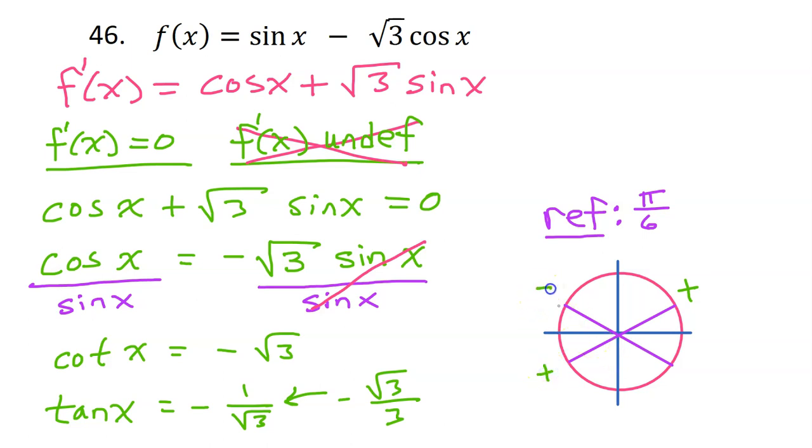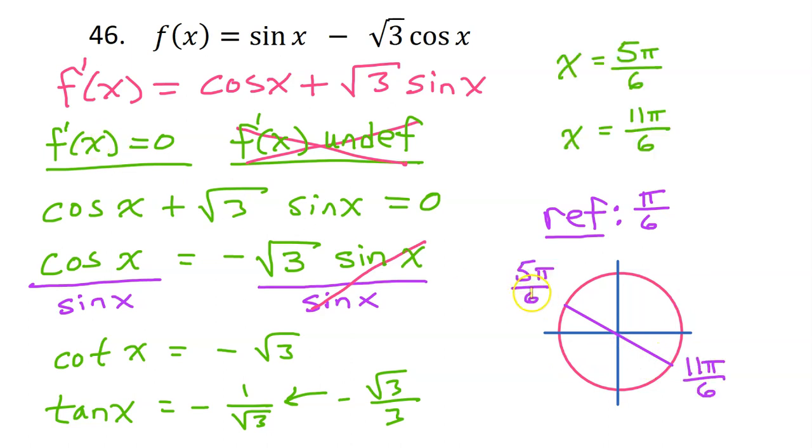Tangent is negative in the second quadrant and the fourth quadrant. We want the tangent of x to equal negative 1 over radical 3. So we want the solutions in the second and fourth quadrant. These angles are 5 pi over 6 and 11 pi over 6. So these are the two critical numbers.